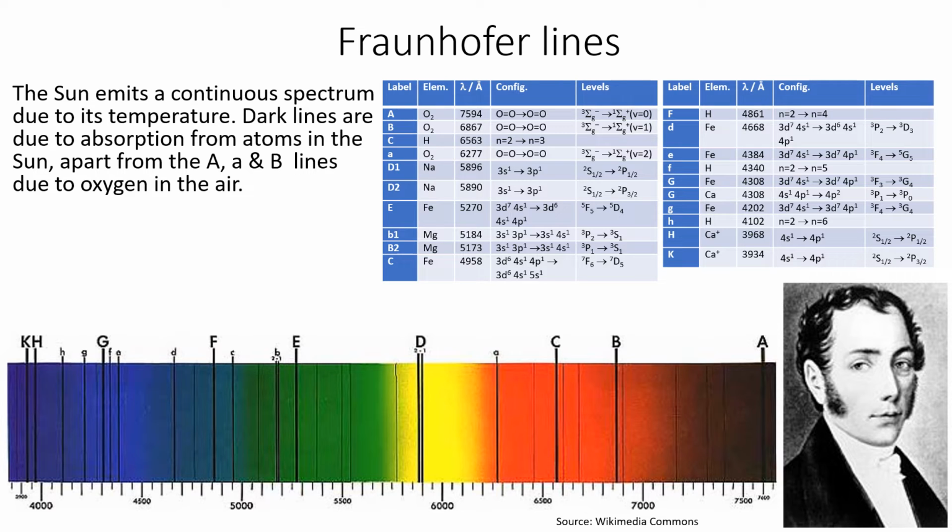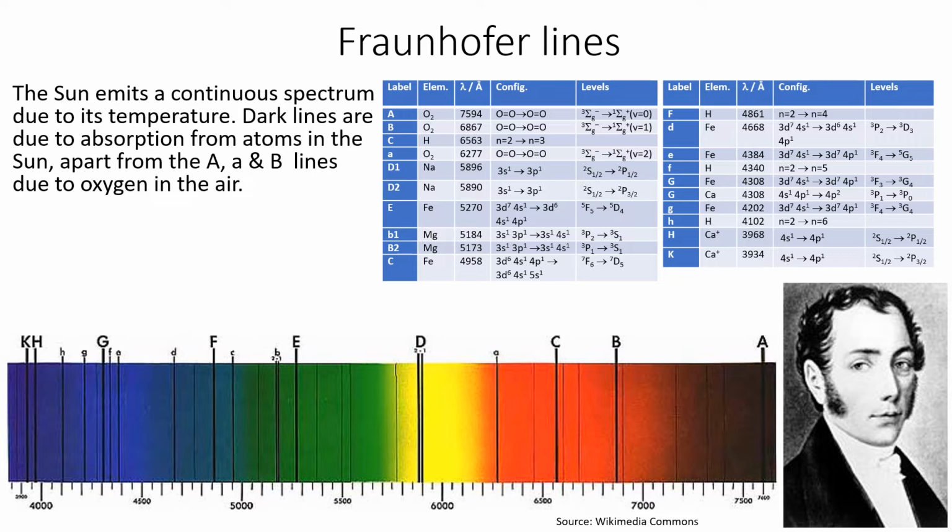One thing I thought would be worth mentioning here, which combines line spectra and these continuous spectra, are the so-called Fraunhofer lines. Fraunhofer, early in the 19th century, was looking very carefully at the spectrum of light from the sun, and he noticed that as well as this continuous spectrum of light, there were these dark lines appearing in there.